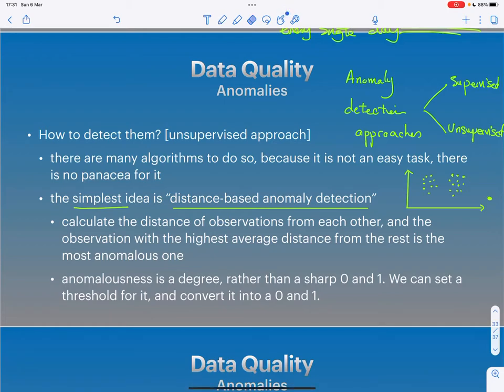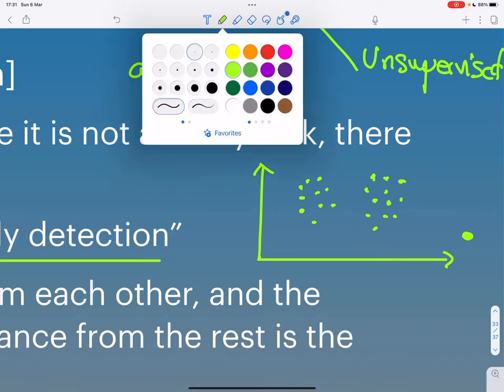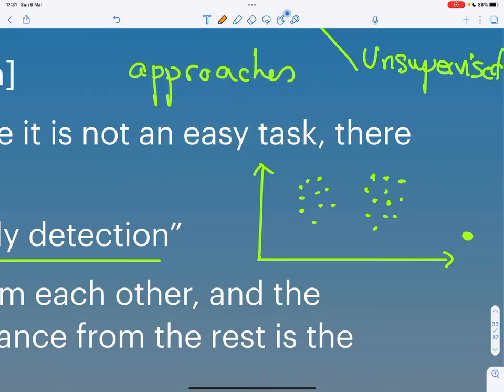Okay? Let me zoom in. Let's say for this one, the distances are like this. This is a Euclidean distance, right? The length of these lines. These are the distances. And one here.